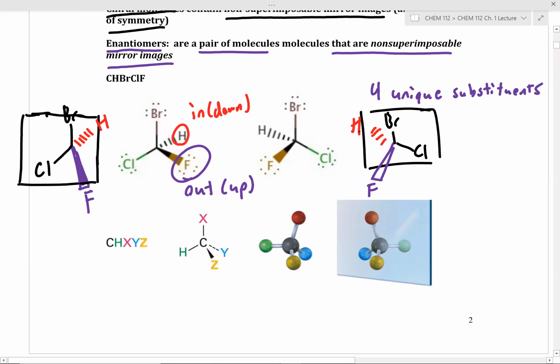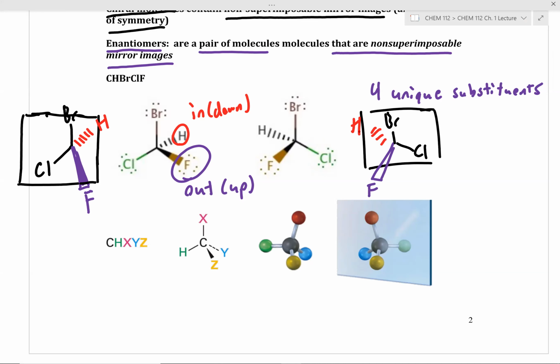Okay. So in terms of transcribing each of these structures, let's now try to draw some 3D pictures.